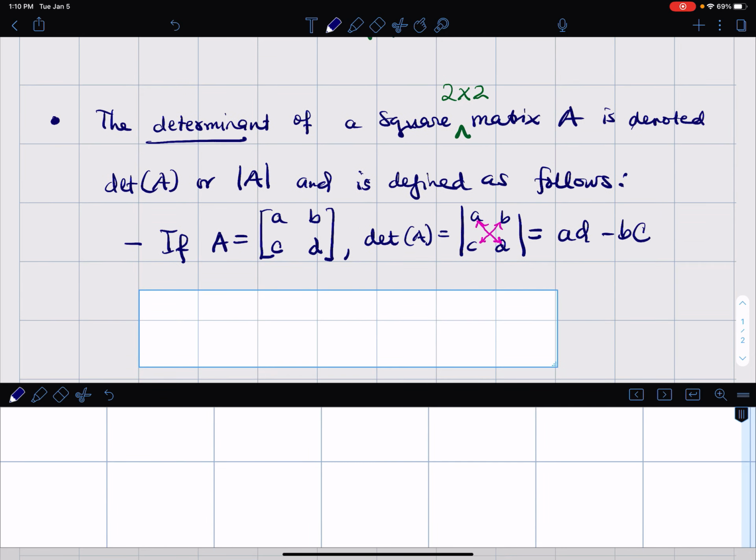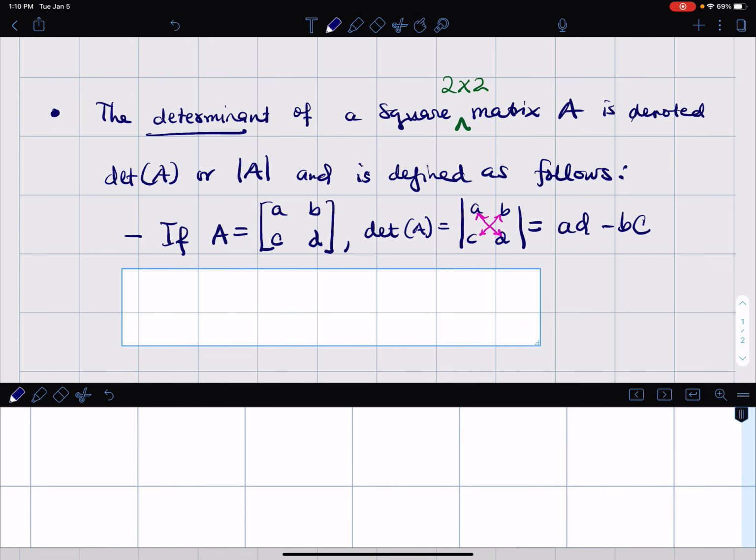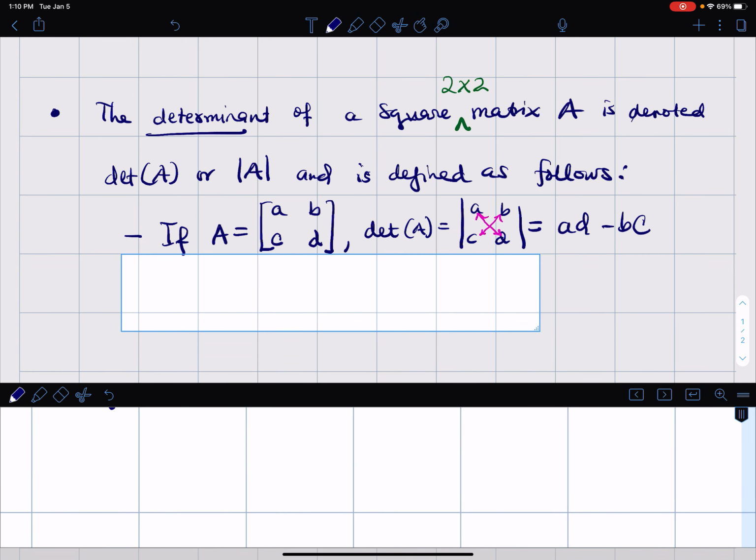Now, if A is 3 by 3 instead of 2 by 2, then we have a different computation.